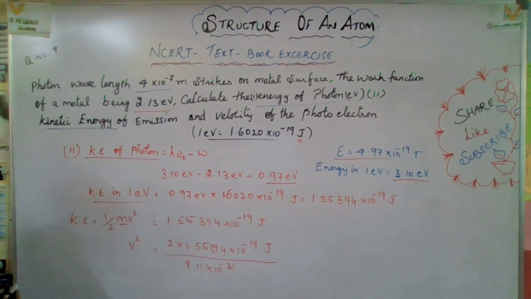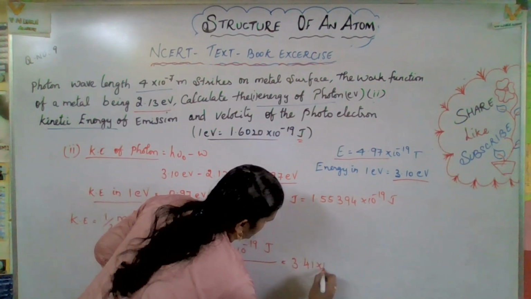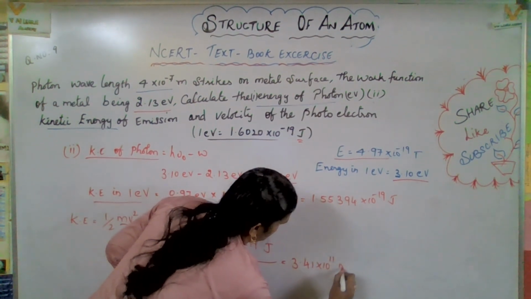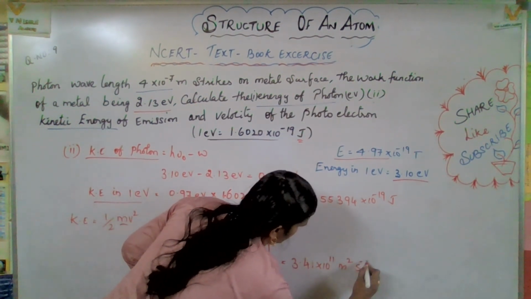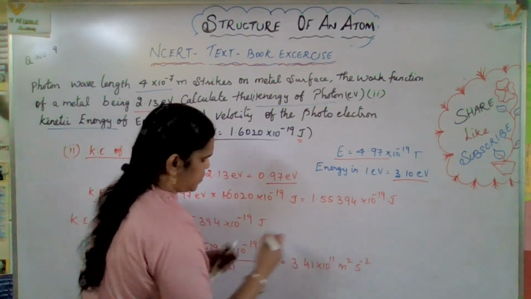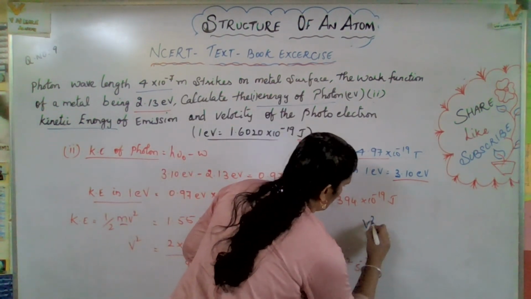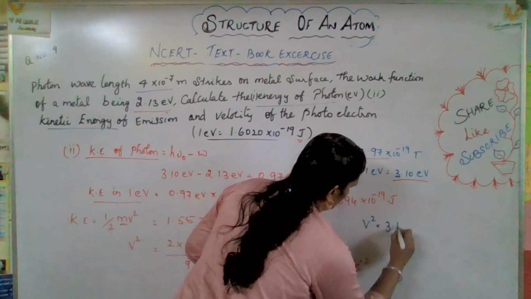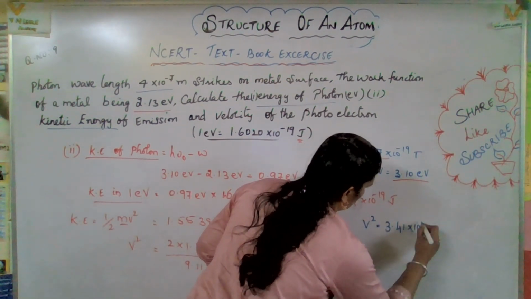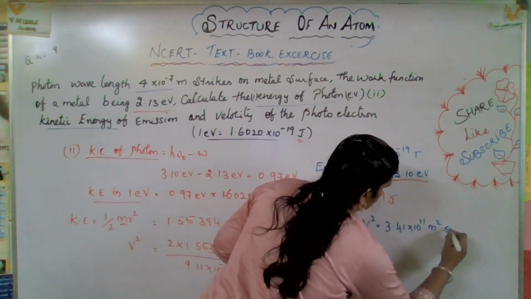So what is the value you will get here? 3.41 into 10 to the power of 11 meter square second minus 2. This is actually V squared, so let us write it clearly: V squared equals 3.41 into 10 to the power of 11 meter square second minus 2.